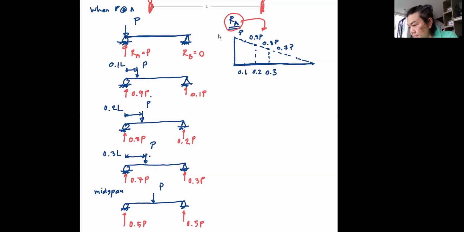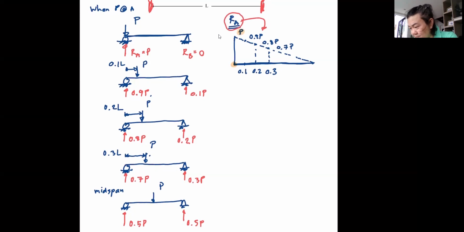When the load is at the location x equal to 0, or I should say plainly that when the load is right on top of the roller, the reaction RA is equal to P.